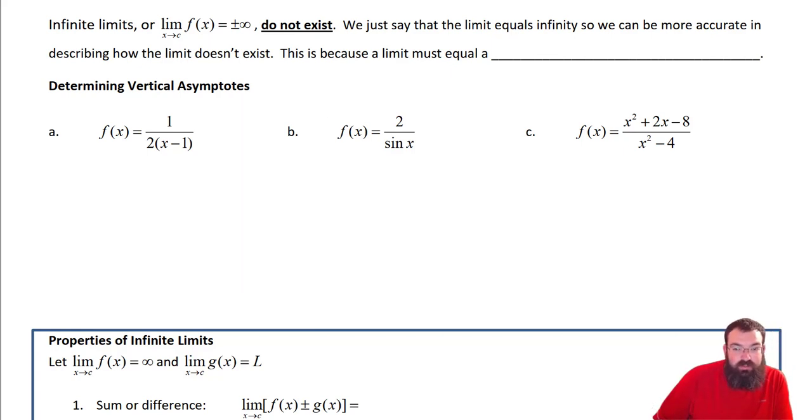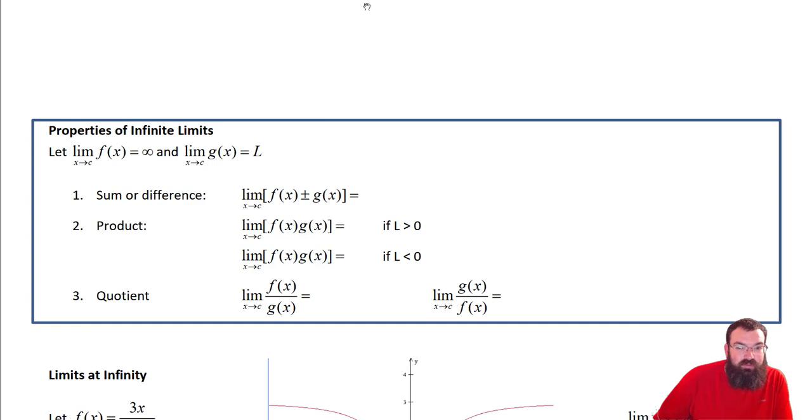Properties of infinite limits. It's very similar to properties that we've had of everything else. So if f of x goes to infinity and g of x goes to some value L, when I take the sum or difference, f of x is infinity, plus or minus whatever that L is. Okay? But infinity plus L is probably still going to be infinity, right?